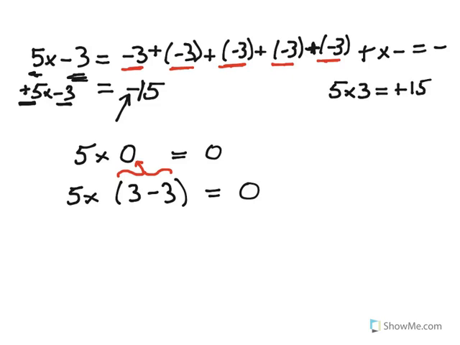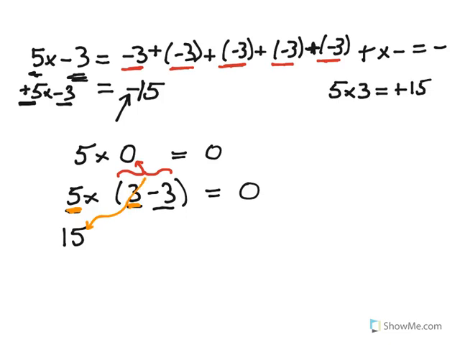What happens if we expand these brackets out then? Well, we would then get 5 times 3 is 15. And 5 multiplied by minus 3, we take each number in the bracket and multiply it once. So the first thing we do is multiply the 5 by the plus 3, which we've done here.